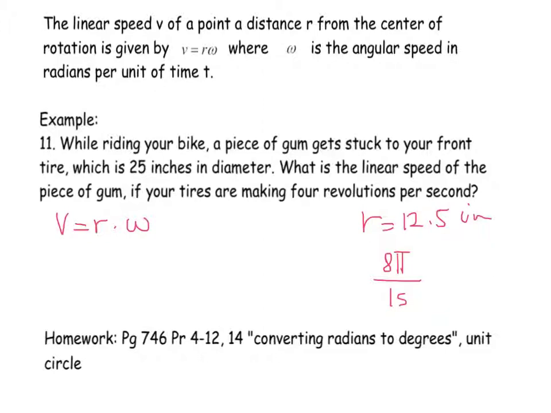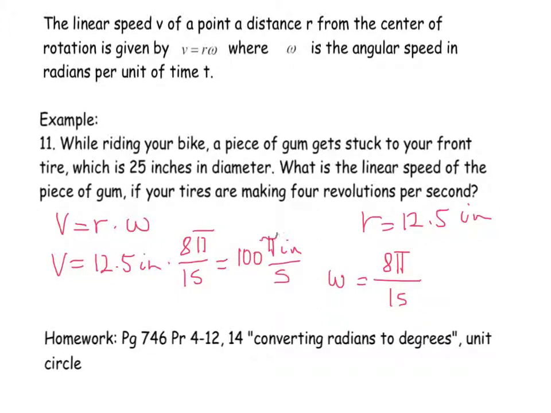So if I substitute this omega into my equation, I will get the linear speed, which is going to be equal to 12.5 inches times 8 pi over 1 second. So if I multiply these together, I will get 100 pi inches per second for the linear speed.